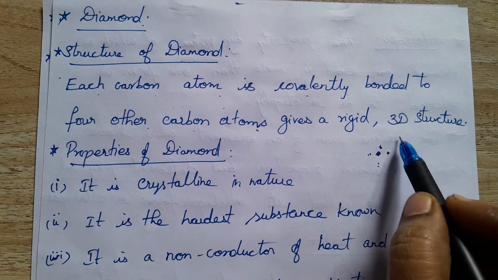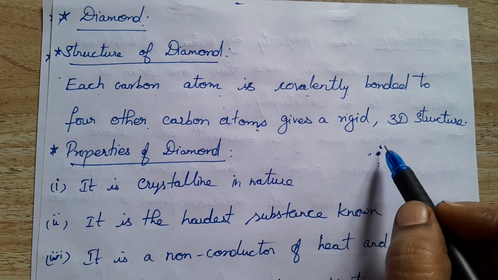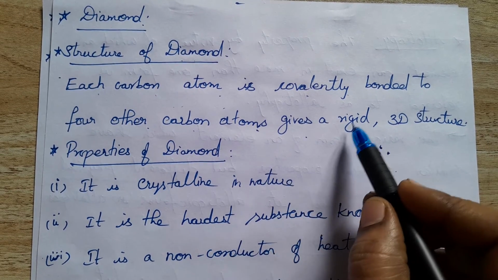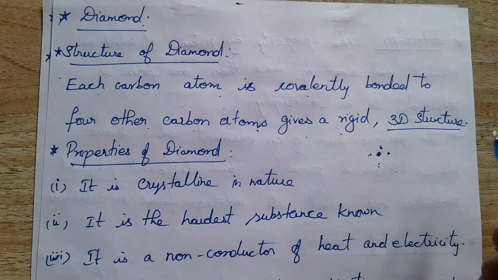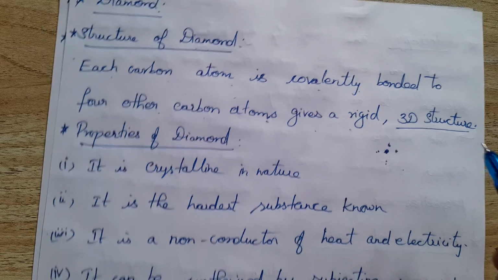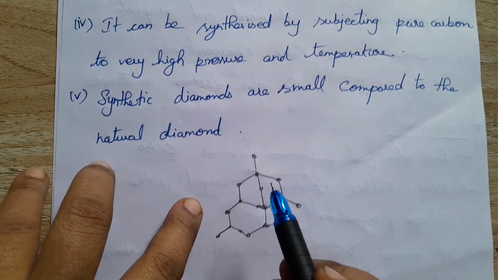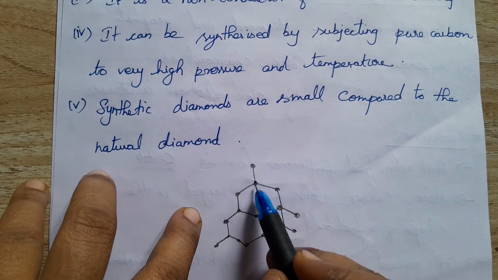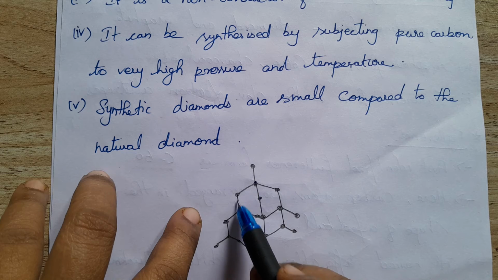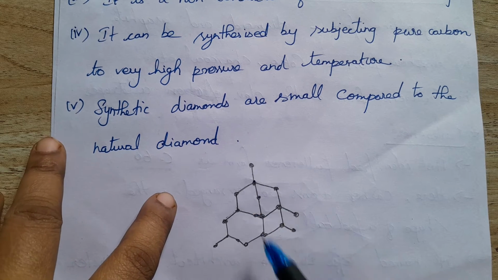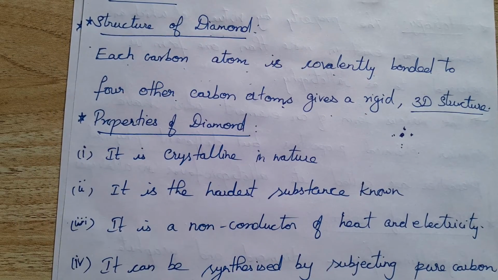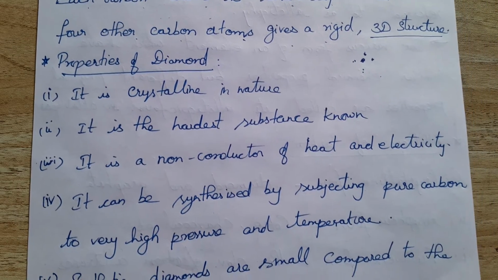Again this carbon atom will combine with another 4 carbon atoms. So it gives rise to a rigid, strong 3-dimensional structure. This is a carbon and it is connected to 4 carbons. Again this carbon is connected to another 4 carbons likewise. So it gives rise to a 3-dimensional structure.